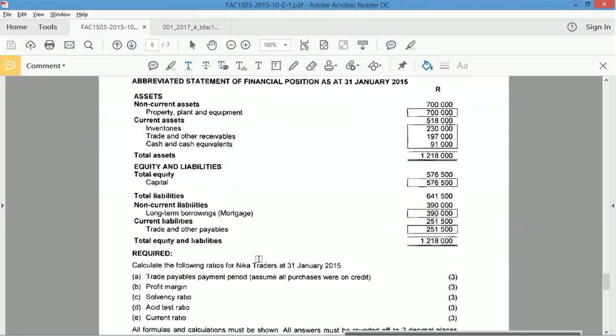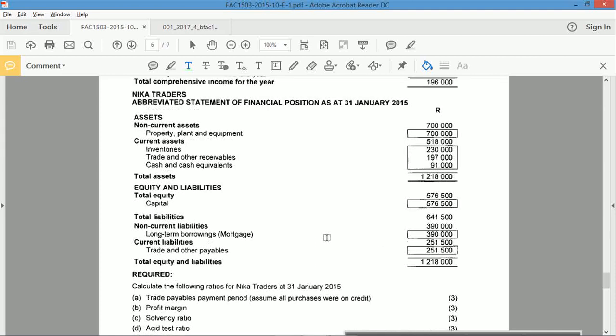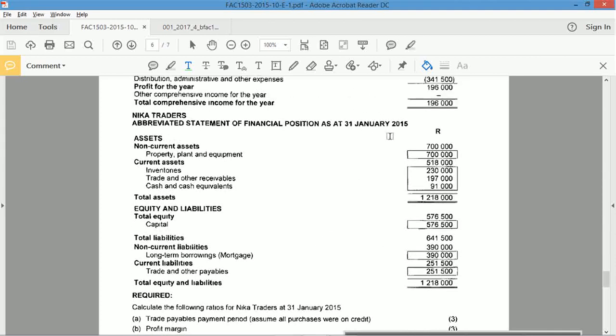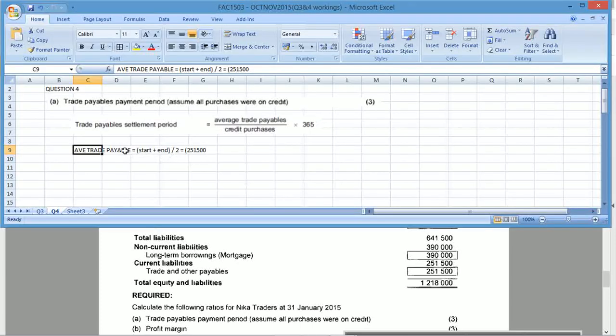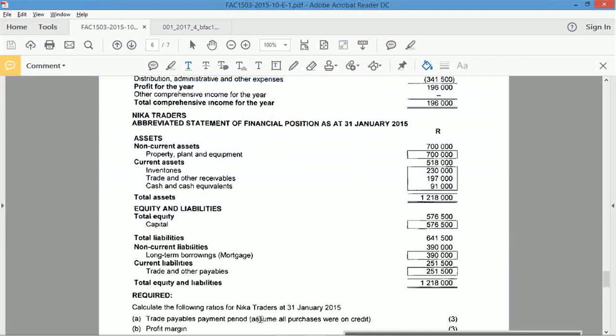They did say in the question here that assume all purchases were on credit. Okay, we've only been given one line item here, which was 251,500, which is your trade and other payables for the year ended 31st of January. Okay, so this wouldn't be divided by 2, it'll be divided by 1, which is just your 251,500. Credit purchases, they tell you in the question, assume all purchases were on credit. Do you see that?